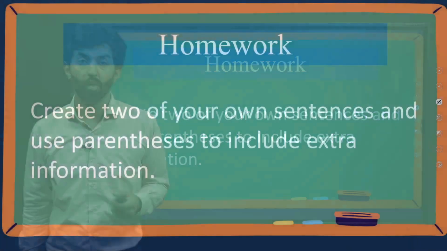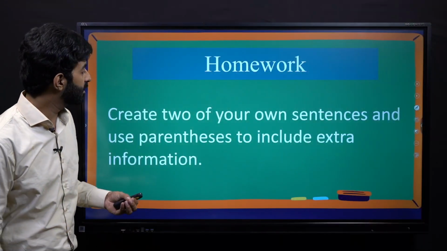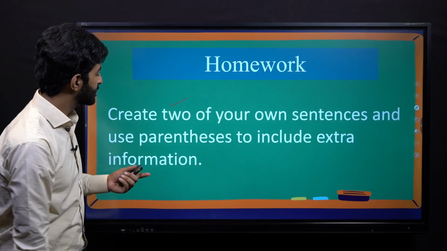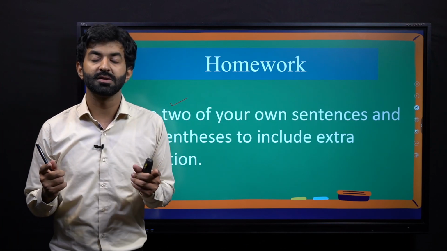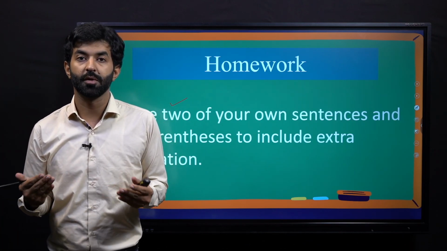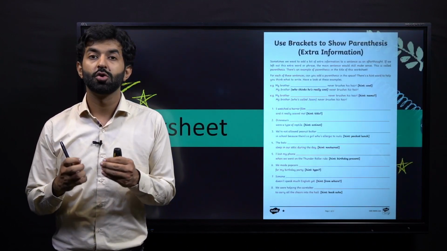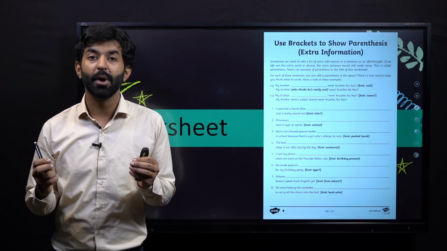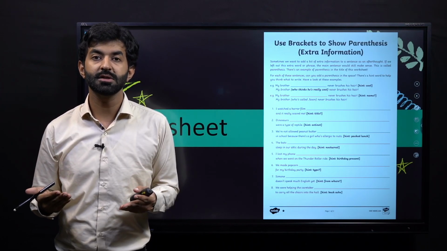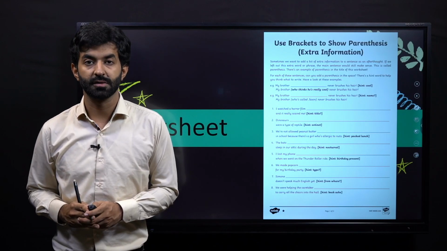Here is your homework where you have to create 2 of your own sentences and use parentheses to include extra information. So be creative with your sentences. Try to not copy from anything, but create your own sentences and then use the parentheses.